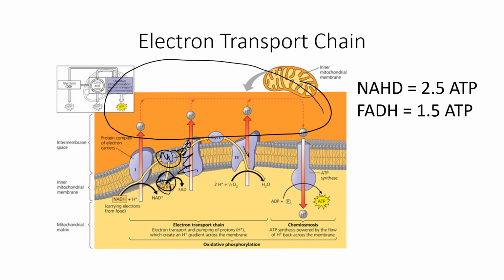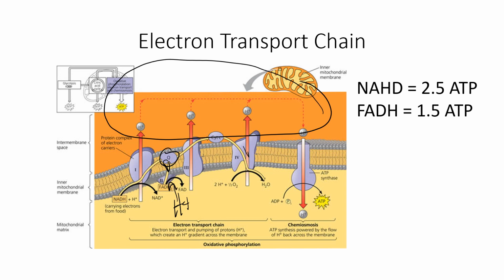complex 3 becomes reduced. What's important to note here is that complex 2 doesn't pump any hydrogen ions at all. Okay? The electrons from complex 2 are really coming from FADH2 within complex 2, and coenzyme Q picks up those electrons, and in oxidizing FADH2 within complex 2, that doesn't result in any hydrogen ions being pumped through.